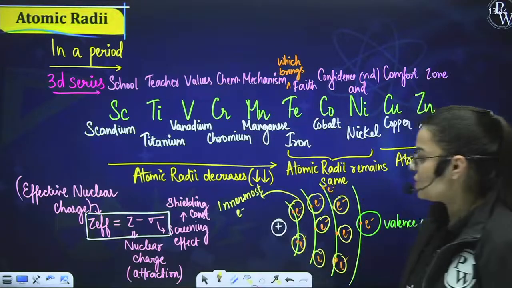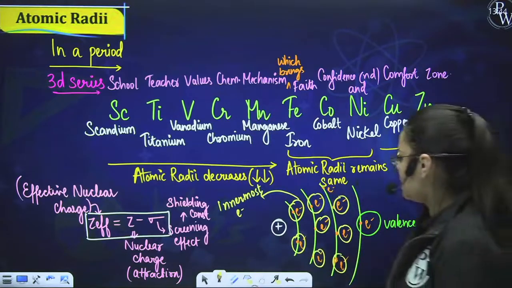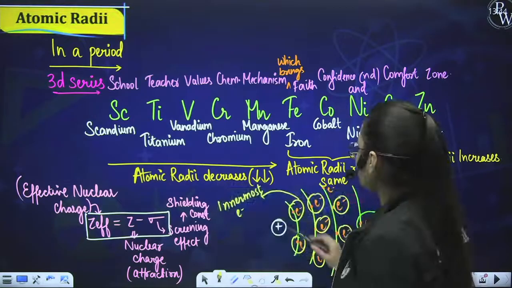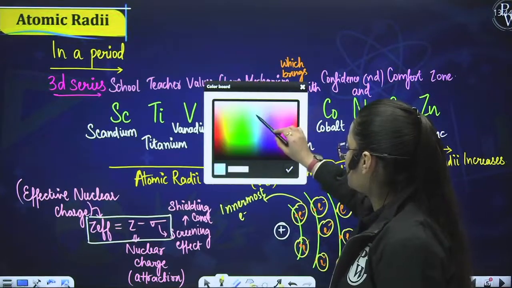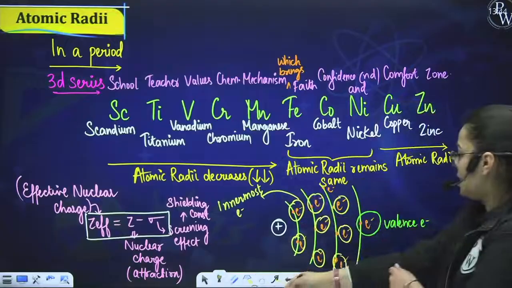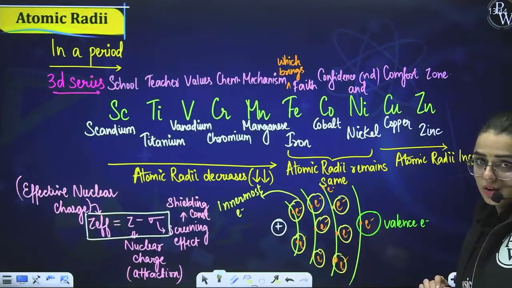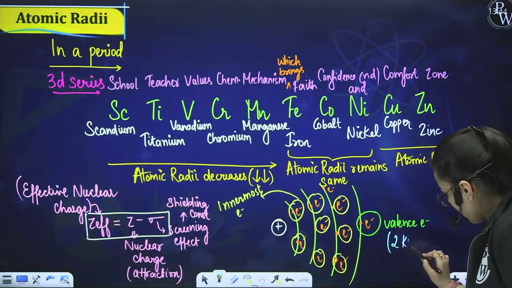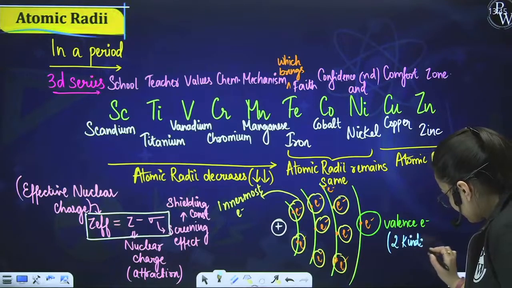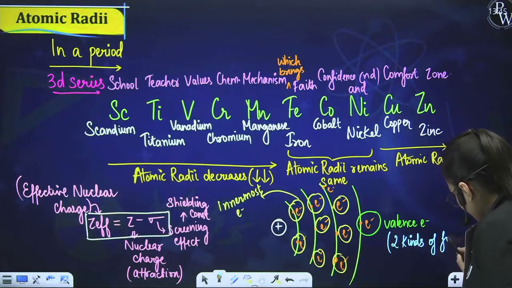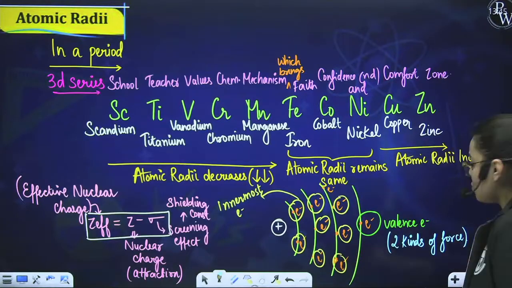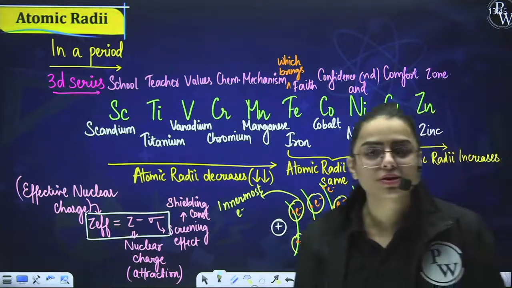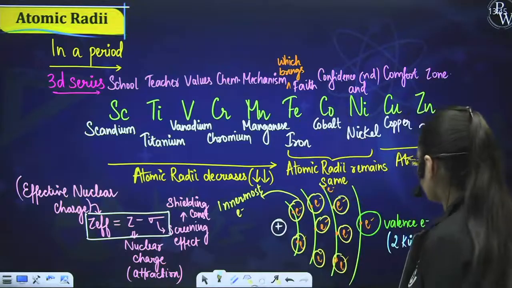Now understand what will happen. You just have to stay focused. See, this valence electron will face two kinds of forces. Which forces? Attractive forces as well as the repulsive forces.